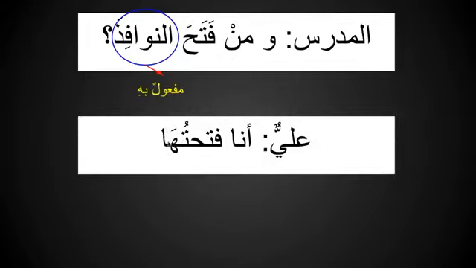Because kullu jam' muannath, we use it as singular feminine now, so we say ha. Again, the same thing: mubtada, khabar, and analyze the khabar, fi'l, fa'il, and maf'ulun bihi. How do we translate? I opened it. Why ha? Because of kullu jam' muannath.